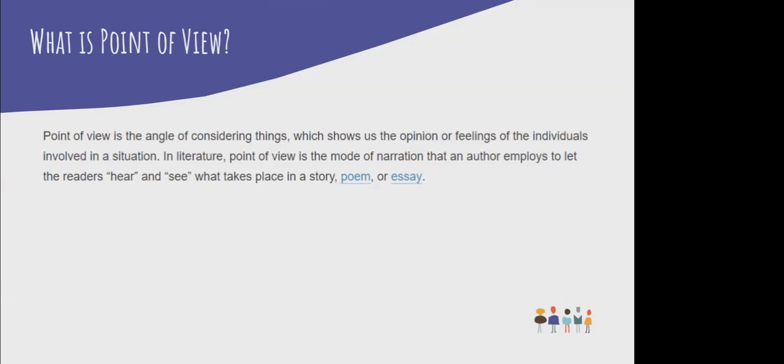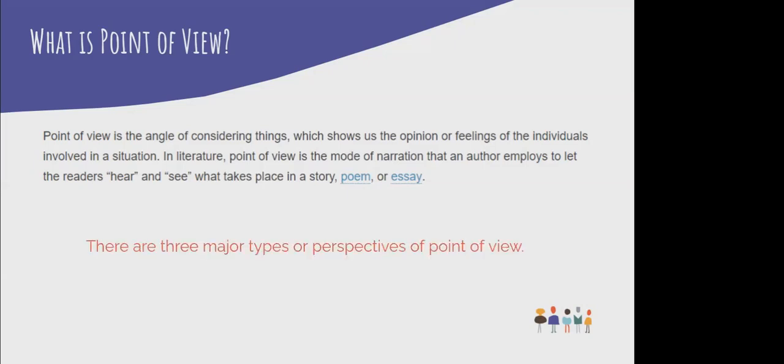We can do the same thing in literature, because point of view is the mode of narration that an author employs to let the readers hear and see what takes place in a poem, story, or essay. So we're hearing and seeing what's going on, but sometimes the perspective from which we are doing those things can change, right?